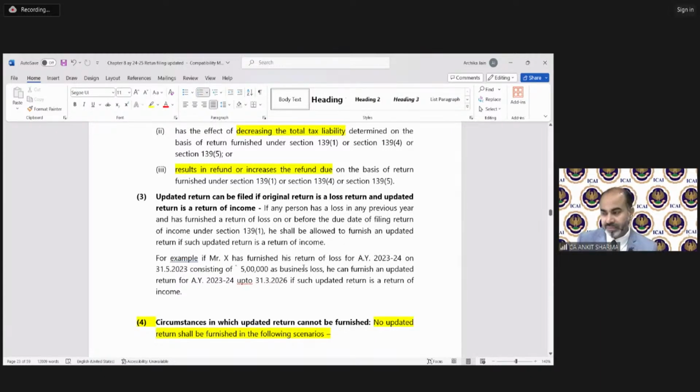For example, Mr. X has furnished his return of loss for assessment year 23-24 on 31st May 23, showing 5 lakh as business loss. He can furnish an updated return for assessment year 23-24 up to 31st March 26 if such updated return is a return of income.